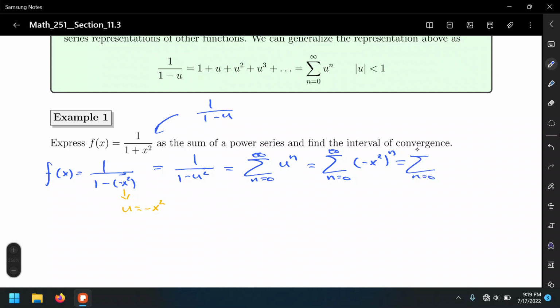This is the same as saying negative 1 times x squared to the n, so the n will affect both the negative 1 and the x squared, leaving us with sigma n equals 0 to infinity of negative 1 to the n power, and n times 2 in this case, because a power of another power multiplies the exponents. That's x to the 2n.